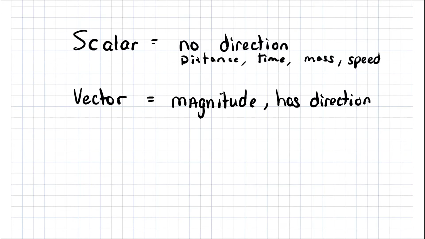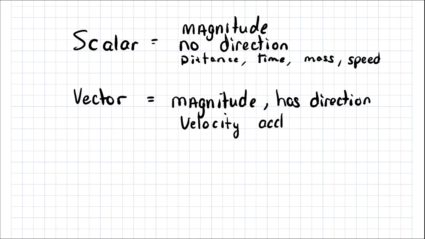The similarity between vectors and scalars is they both have some sort of magnitude, some sort of number associated with them, but the difference comes into play with vectors, when you're describing an object's velocity, an object's acceleration, the force that's imparted on an object. Those are measurements that have not just a quantity, but a direction associated with them also.